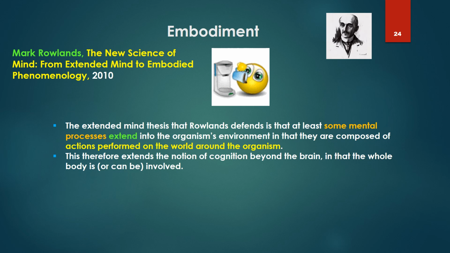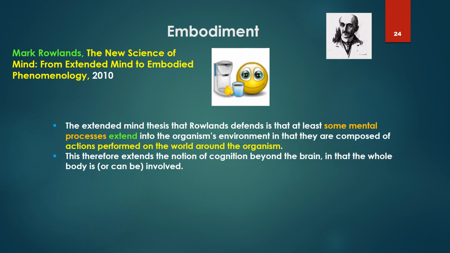Now this is a very limited notion of extended mind. Notice, it's nothing like we saw in Bergson. As we'll talk about shortly, just to review very quickly, notice we're just extending some mental processes, whatever that means, into the organism's environment, because notice we're getting a strange mesh of mental into the physical here, the environment.